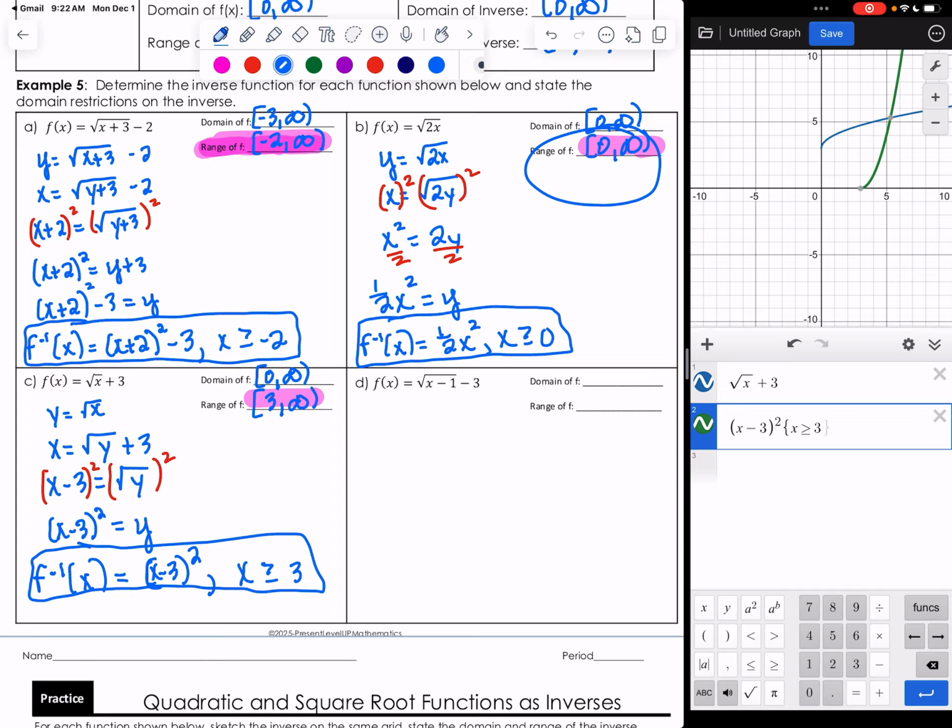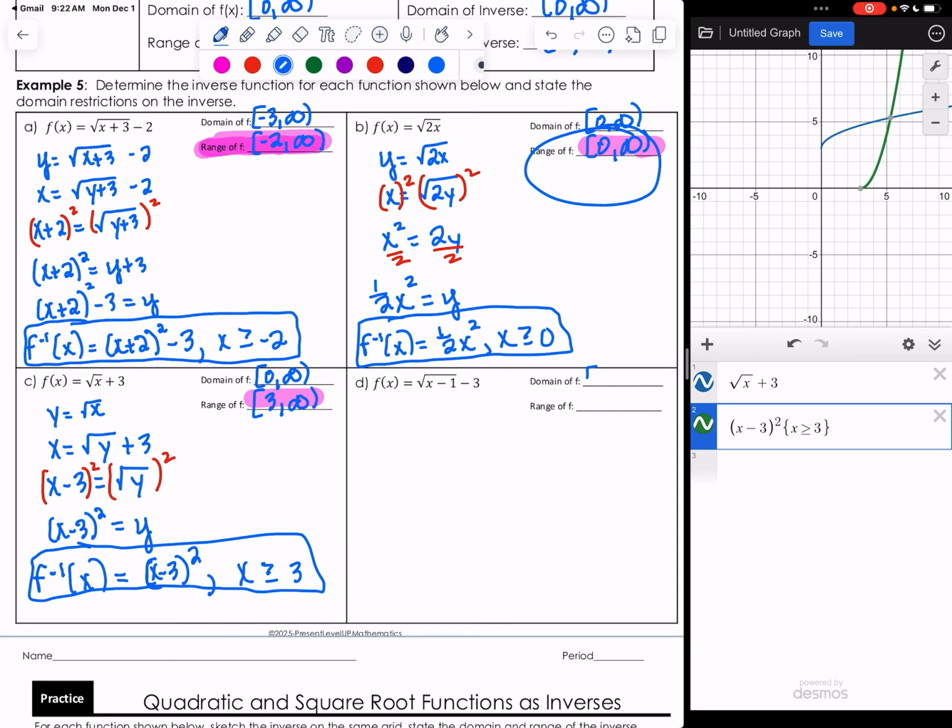All right, welcome back. Let's see how you did. Hopefully you got that the domain was 1 to infinity, and the range was negative 3 to infinity. All right, then I switched the x and y. I added 3. I squared both sides.